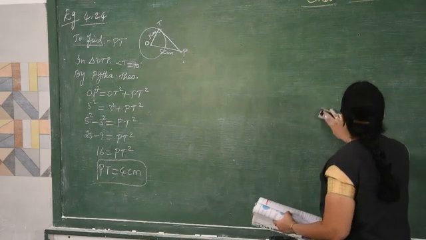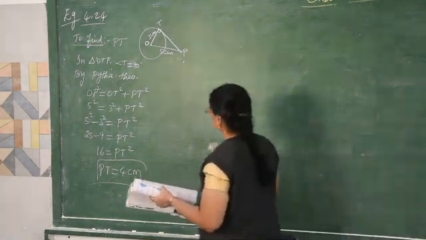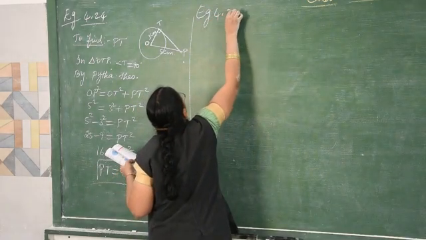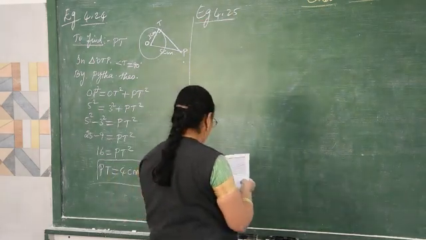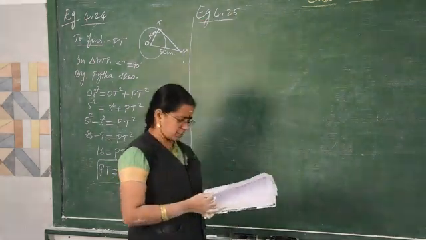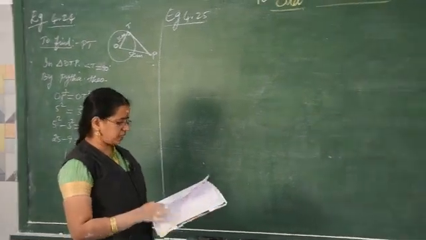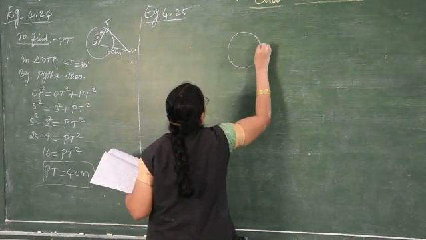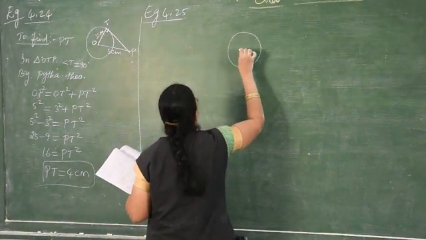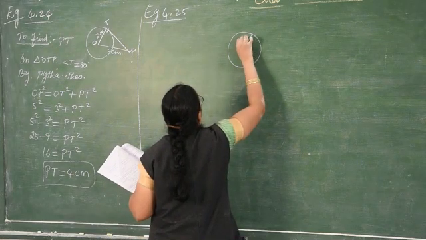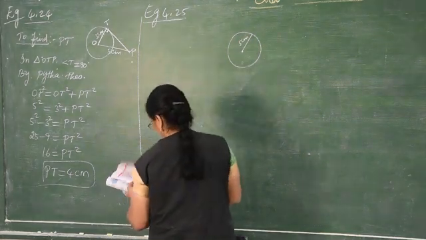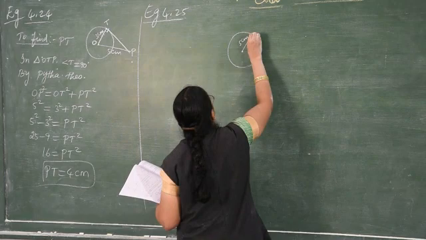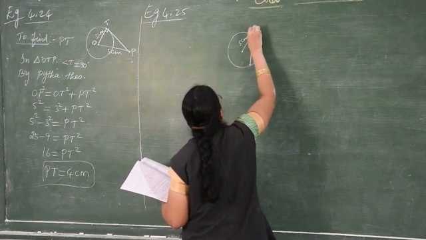Next example sum we are going to see. Example 4.25: PQ is a chord of length 8 centimeter to a circle of radius 5 centimeter. Here is the chord PQ.